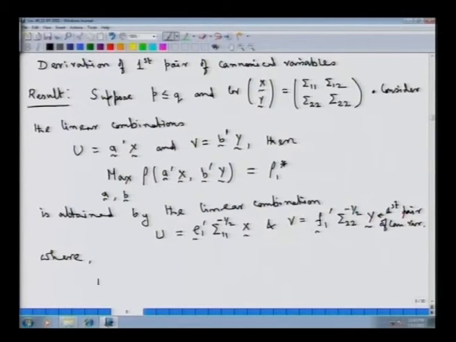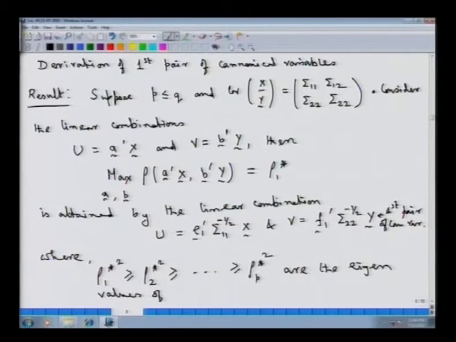where we have rho 1 star square greater than or equal to rho 2 star square greater than or equal to rho p star square, which are the eigenvalues of that A prime matrix, which is sigma 1 1 to the power minus half, sigma 1 2, sigma 2 2 to the power minus 1, sigma 2 1, sigma 1 1 to the power minus half.